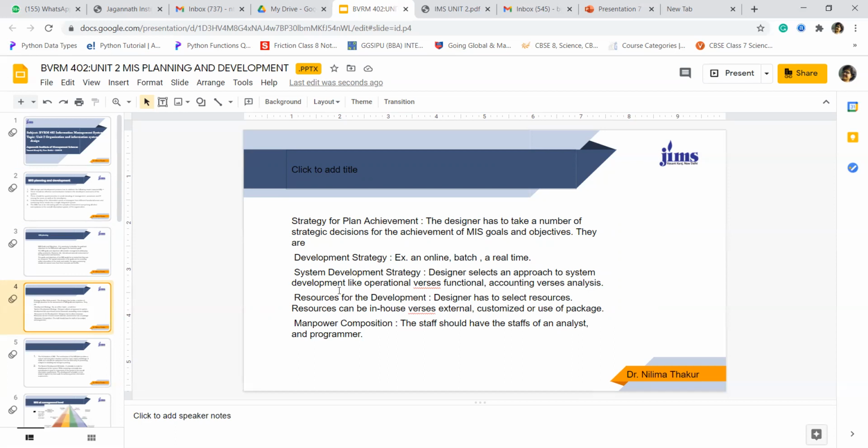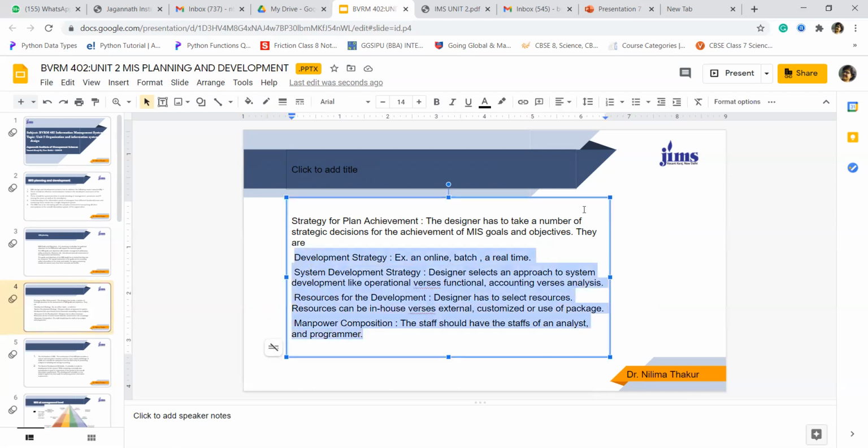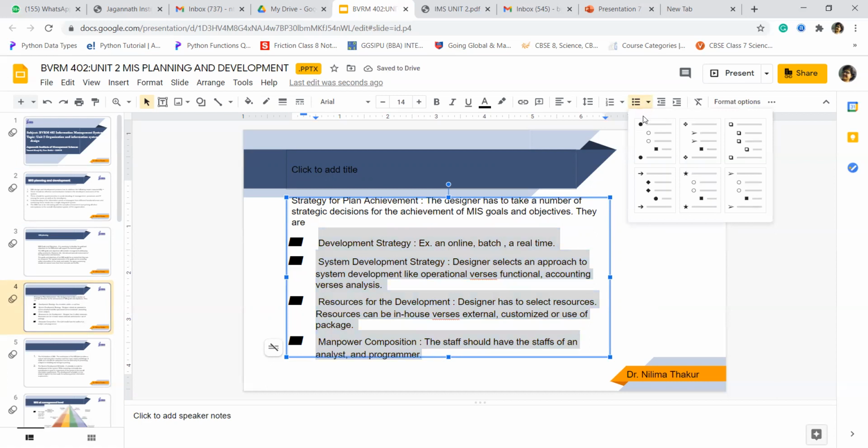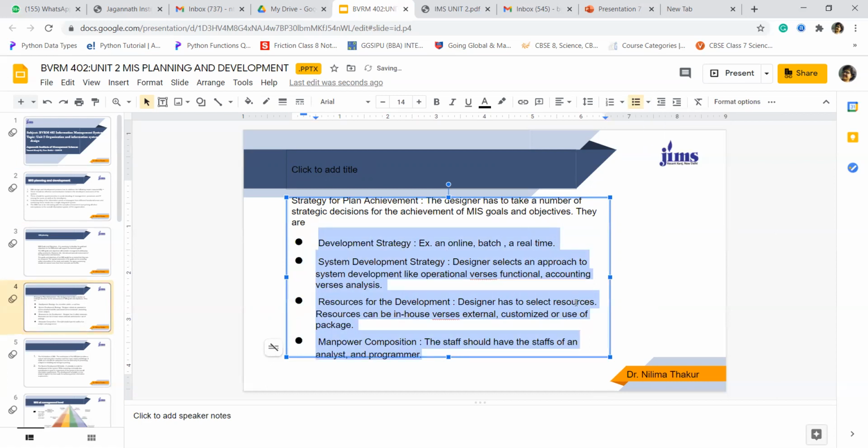Then system development strategy. Designer selects an approach to system development like operational versus functional, accounting versus analysis.